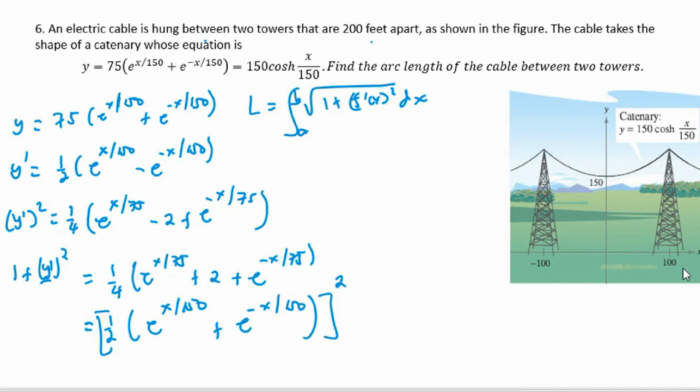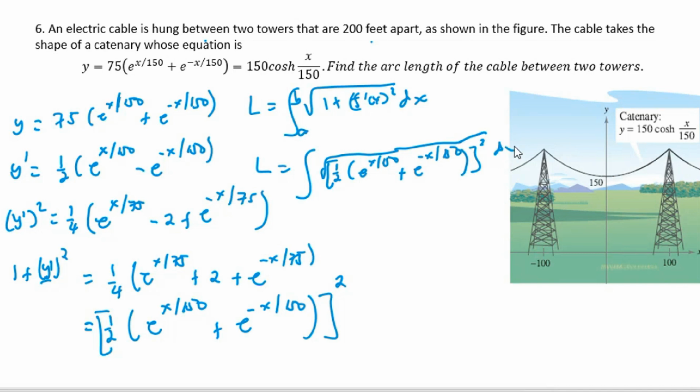So L is equal to the integral of the simplified radicand, 1/2 times e raised to x over 150 plus e raised to negative x over 150, squared, dx. The radical sign and the square cancel.